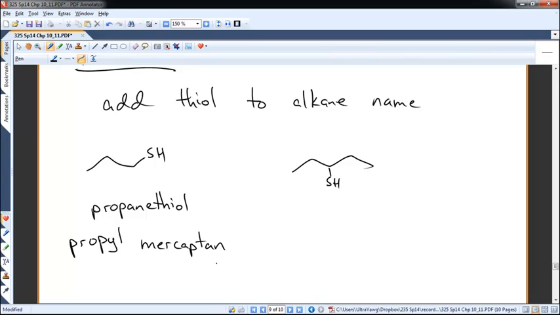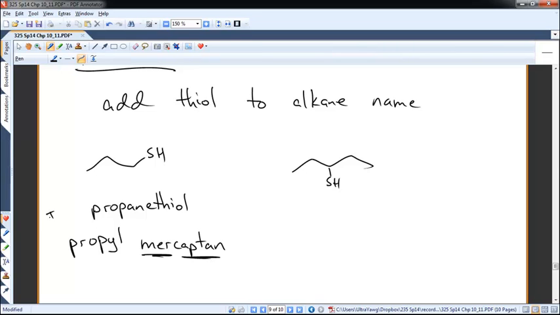Mercaptan, because thiols, back when they were first discovered, people didn't know what the hell they were, but they did know that often when they found thiols, they were found with mercury. That's where the mer comes from. So they often captured mercury, and so they were just known as mercury-capturing compounds, or mercury-capturing molecules. So no one really knew what they were, so they, through the Latin, were converted to mercaptan, and then organic chemists started using the phrase mercaptan, and so it just stuck.